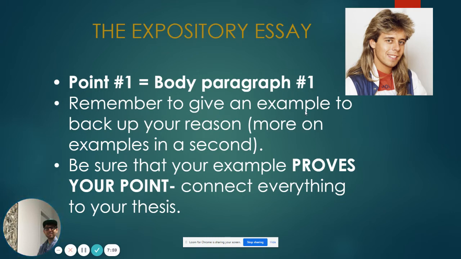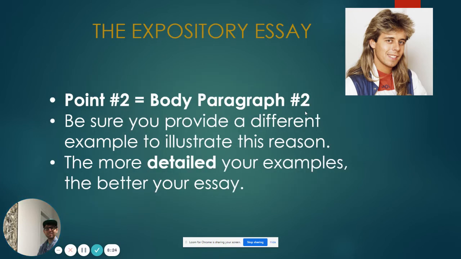If Elon Musk hadn't done this and that, he would have never done this, and all that stuff. You've got to make sure your example proves your point. So if you're going to bring in Elon Musk as your example, you have to show exactly how it connects, like his devotion to work made him who he is today, that kind of thing. Connect it to everything, connect it to your thesis.